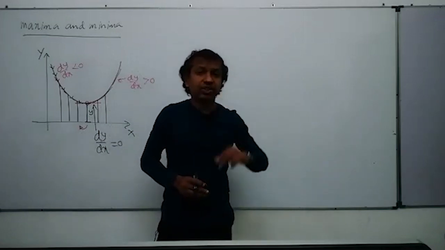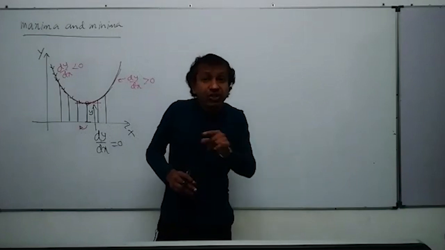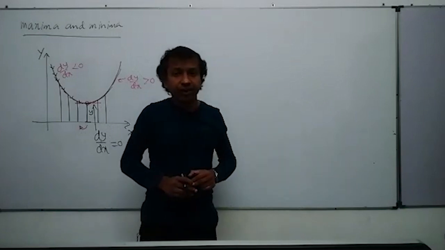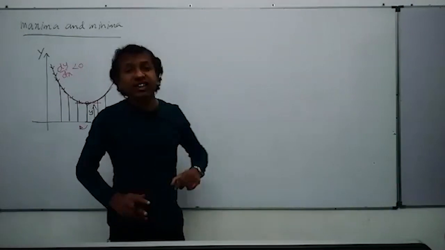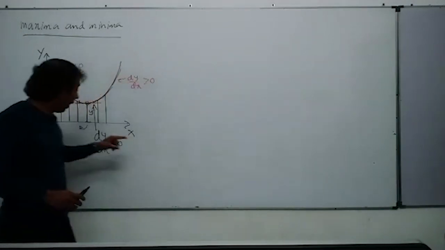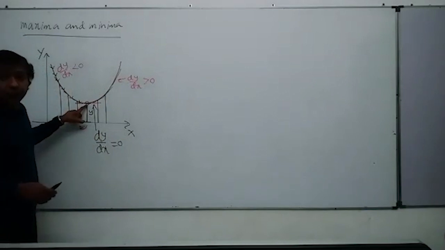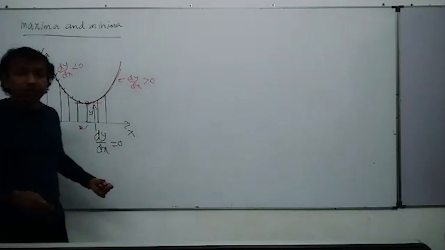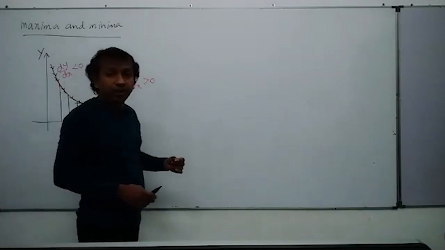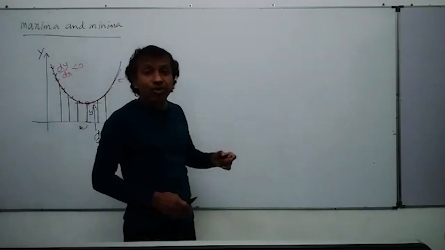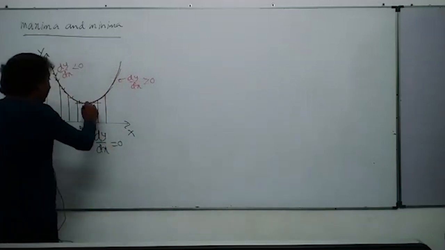Doesn't change means, people, stationary. What is stationary? y is stationary. Where? At this point. Why? dy by dx, the gradient, is 0. Gradient means rate of change in this y. It is dy by dx. It is 0 means y doesn't change. y is stationary. So therefore, people, this point is called a stationary point.